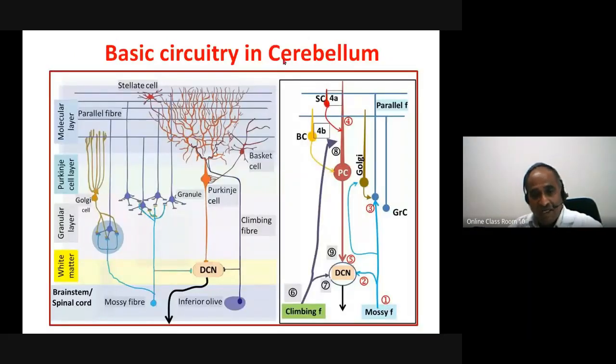Now, again, revisiting the basic circuitry, which I have already explained. I start with the Purkinje cell. The Purkinje cell has arborization, and its axonal output goes to the deep cerebellar nucleus, and the deep cerebellar nucleus gives output.